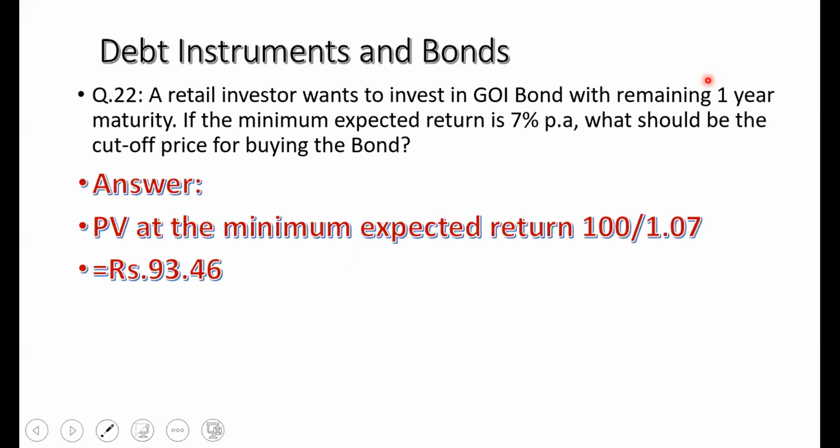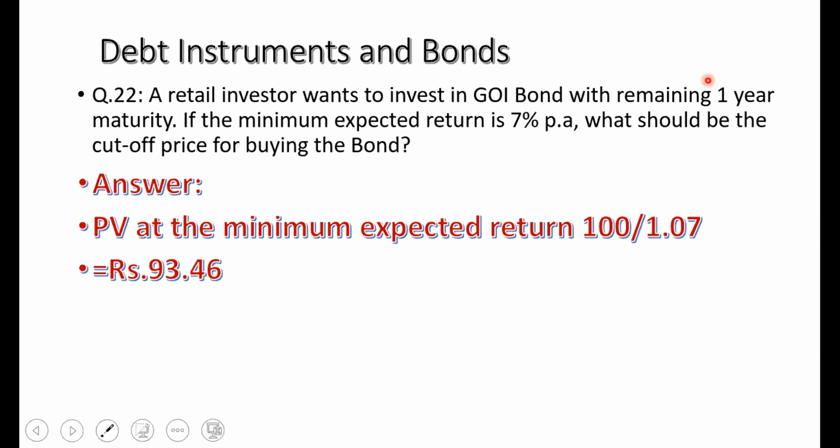Is there any formula, sir, 100 divided by 1 plus R? Same formula. What is the formula? Pn is equal to P into 1 plus R to the power n, that is compounding. Compounding means you are investing a fixed amount today, not regular every year, that is a different formula.